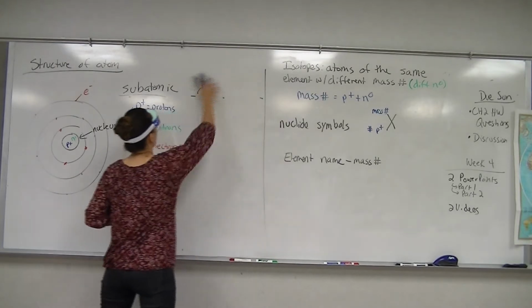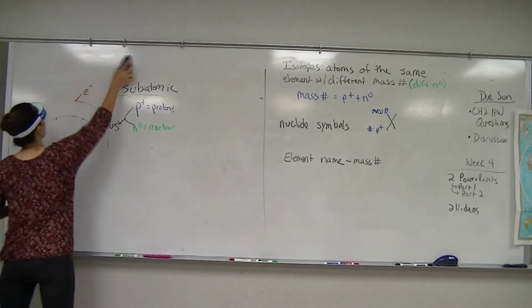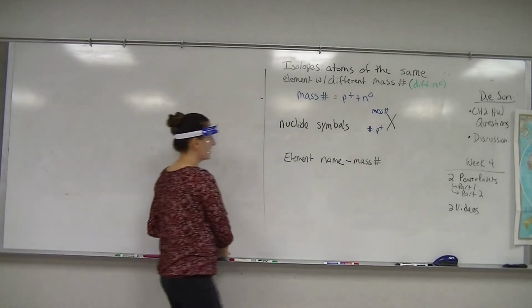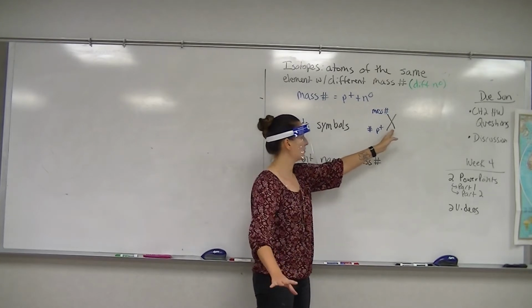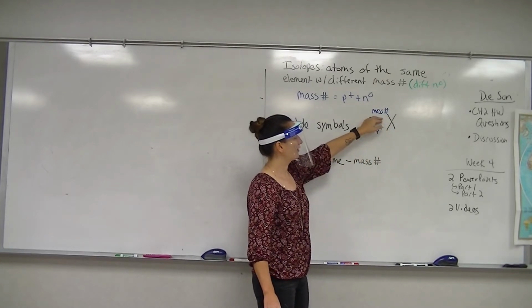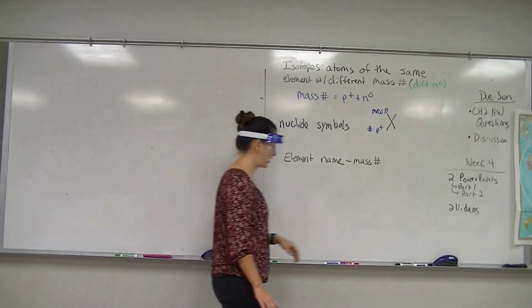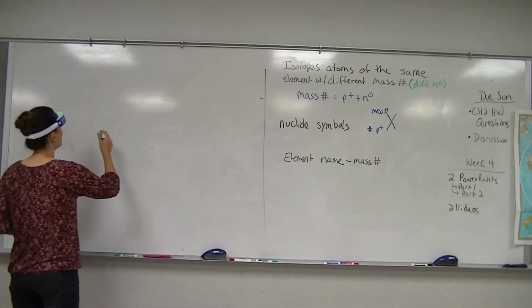I'll write 2 examples over here so you can see what that looks like. So this is a basic outline of it. So X is the element symbol itself, straight off the periodic table. In the upper left-hand corner, you're going to write the mass number, and then in the lower left, that's where the number of protons is going to be. So 2 nuclide symbols.